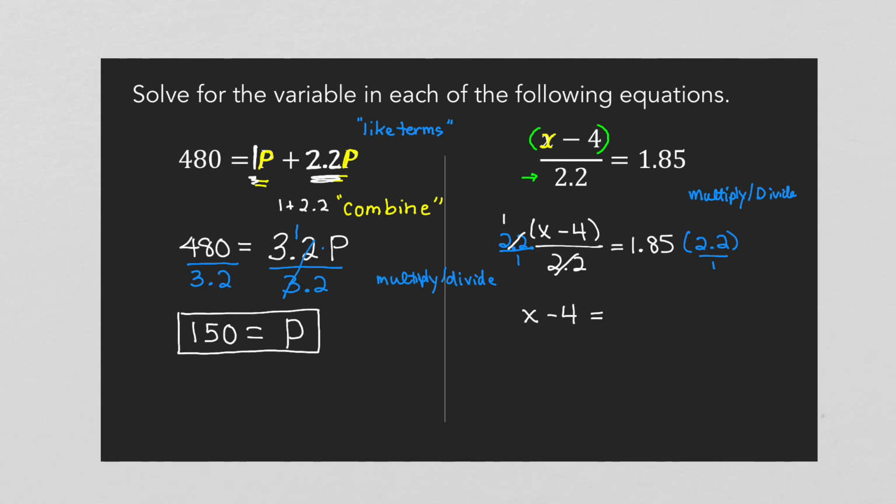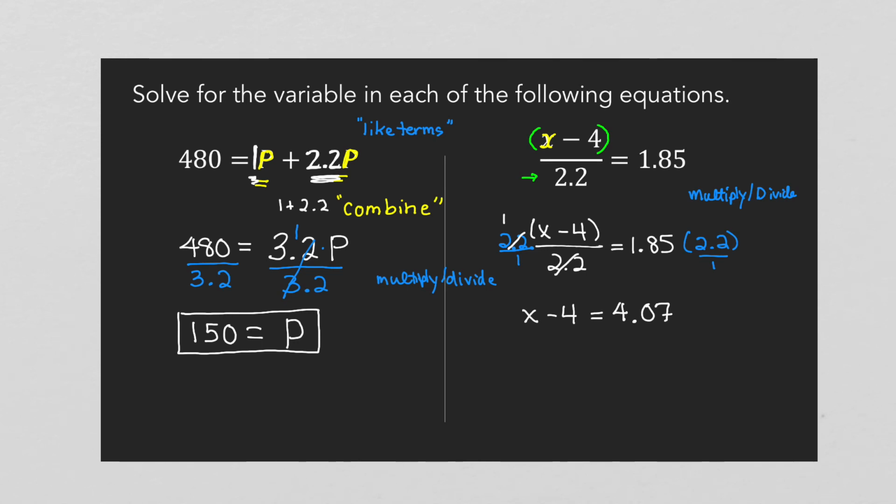On the right side, we have 1.85, and we're multiplying it times 2.2, and that's going to give us 4.07. Check and make sure we did that right. So 1.85 times 2.2 is 4.07.